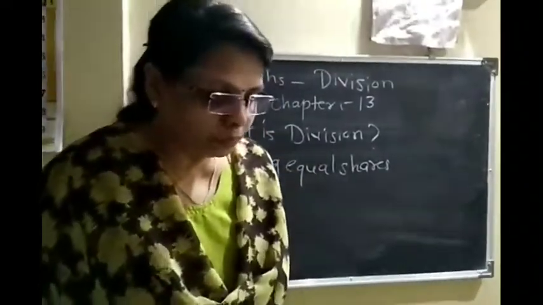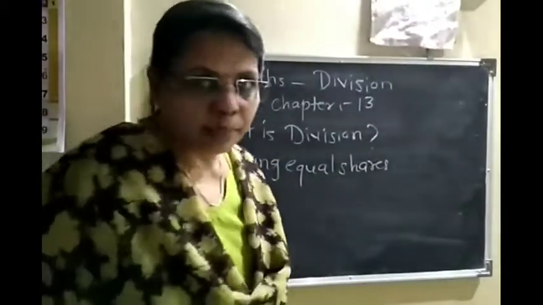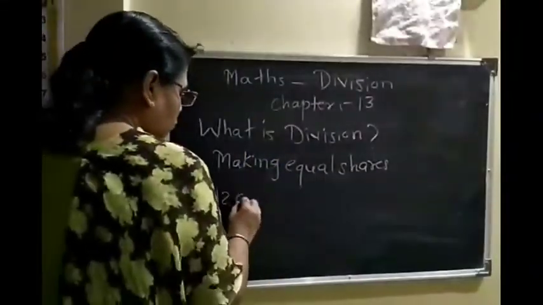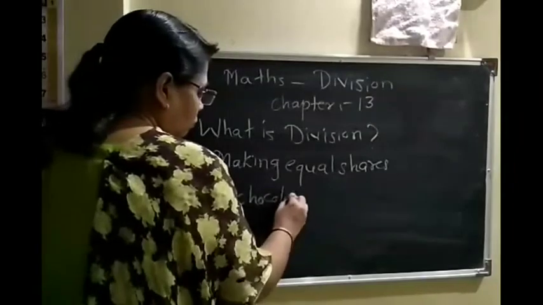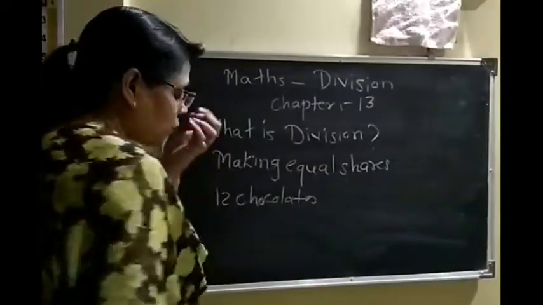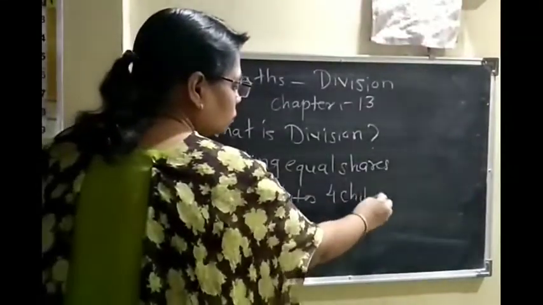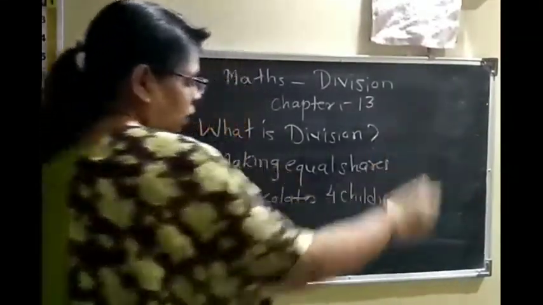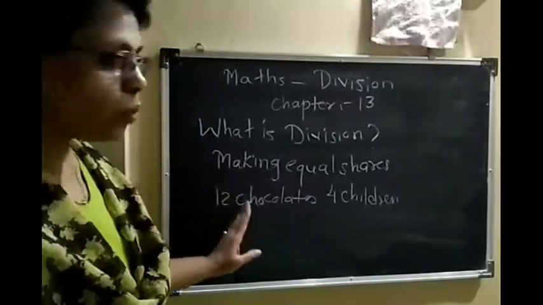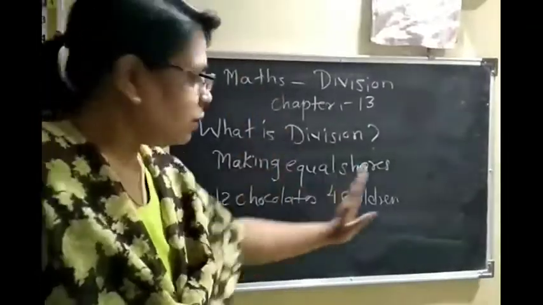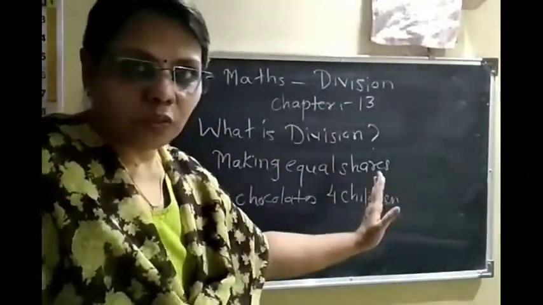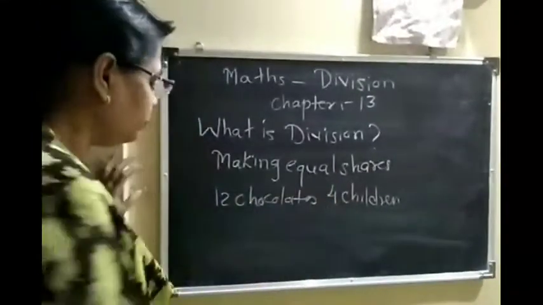For example, 12 chocolates are there, and you have to divide them between 4 children. How will you do that?